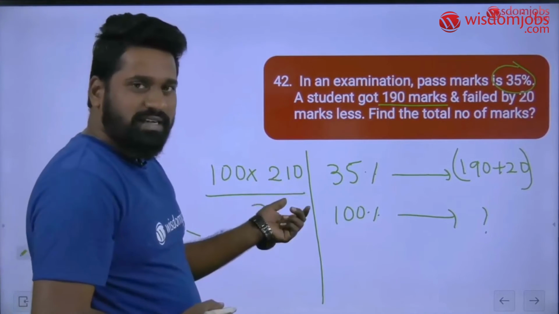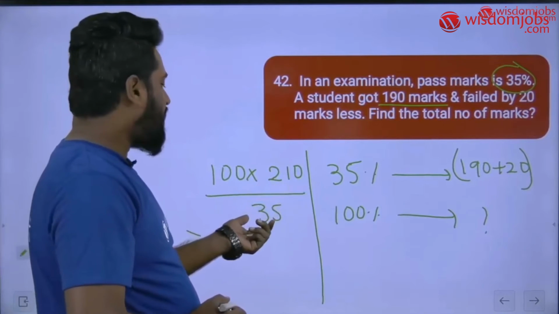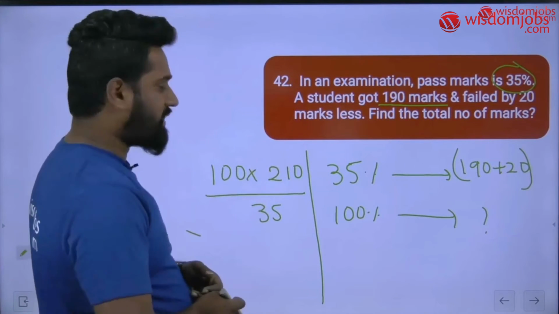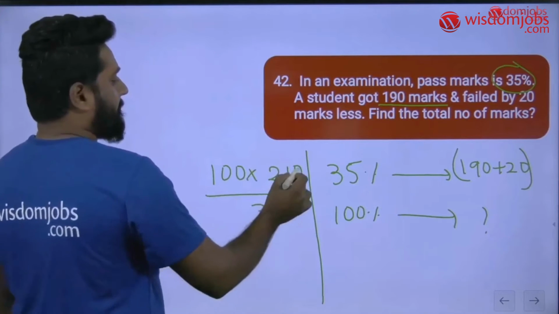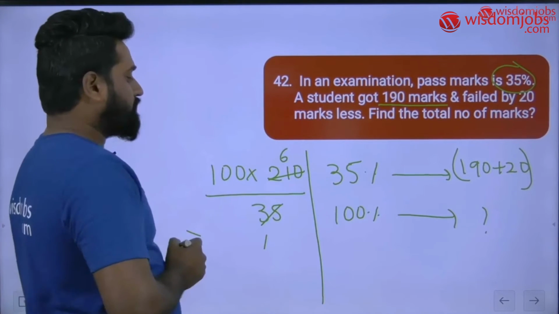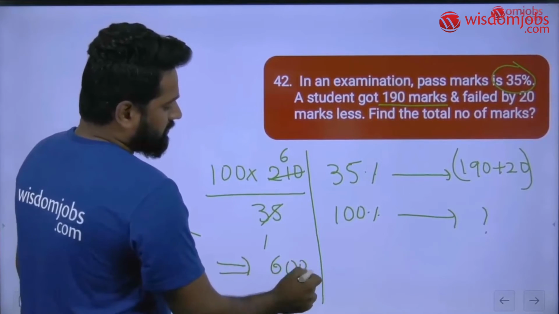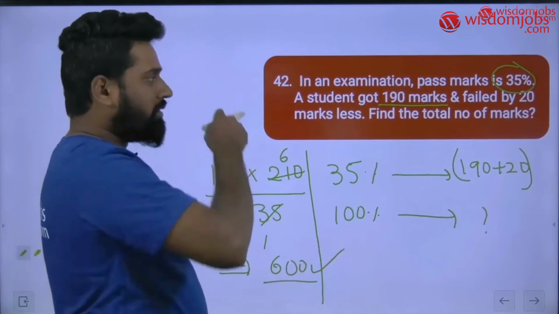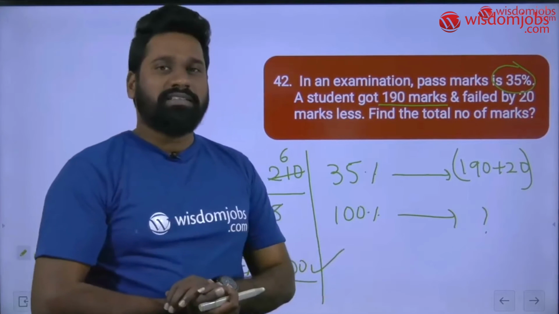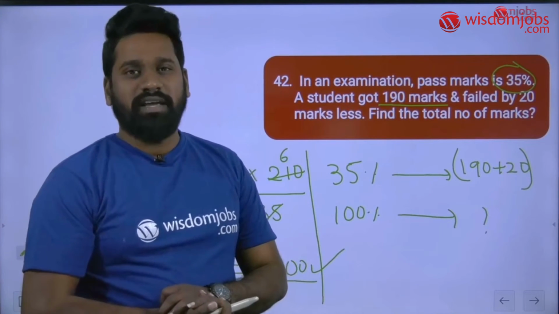Here you can cancel directly, 35 and 6. So next it becomes 6 into 100. So 600 is the maximum marks of the examination, the total marks of the examination.